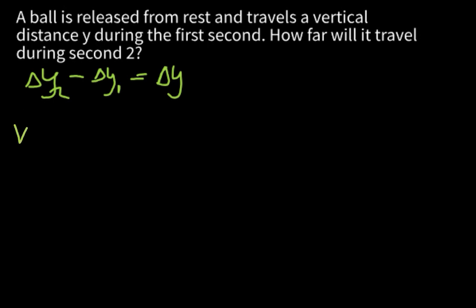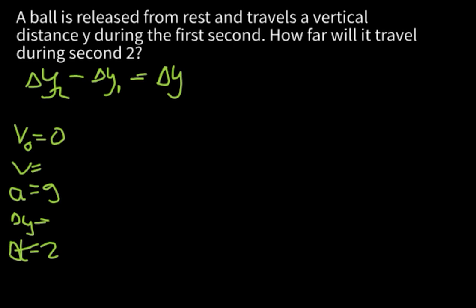So we have an initial velocity of 0 because this ball is released from rest. We don't know its final velocity. We know it has an acceleration due to gravity of g because it's released from rest, so it's a projectile in free fall. We don't know change in y yet, and we are going to look at the time interval of 2 seconds.